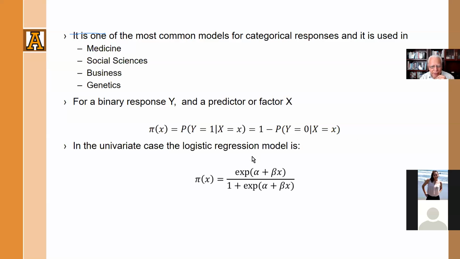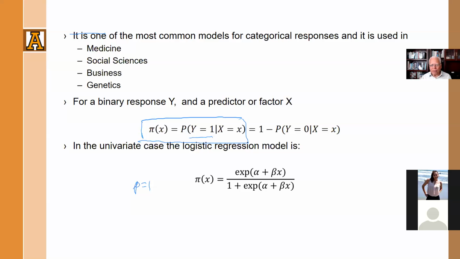For a single predictor, if little p is equal to 1, then pi of x, the probability of y equal to 1, is the notation we're going to be using. Pi of x will denote the probability that y belongs to the first class, the class of interest.